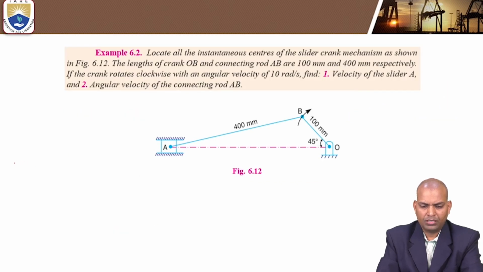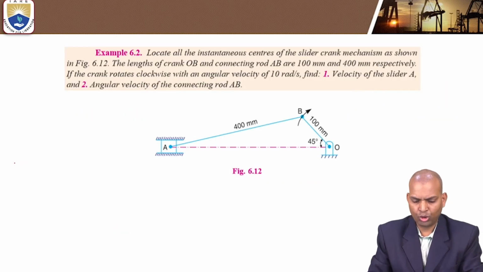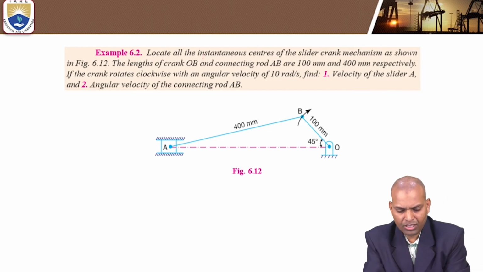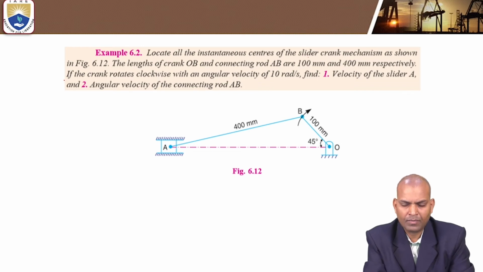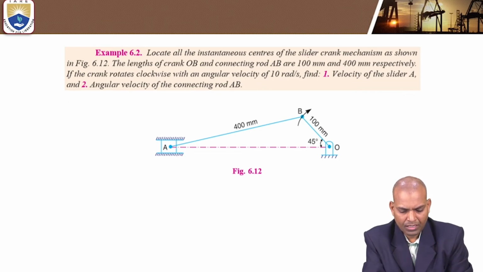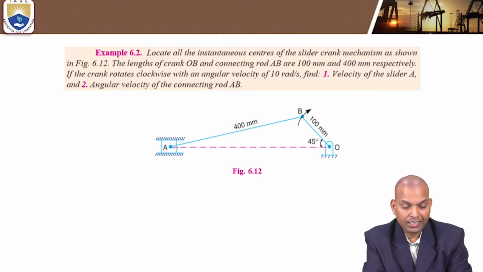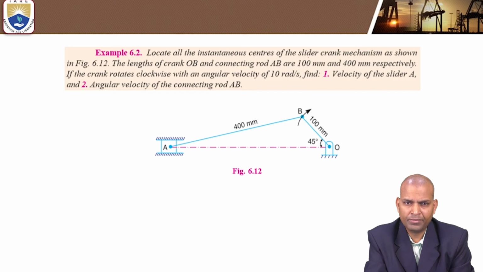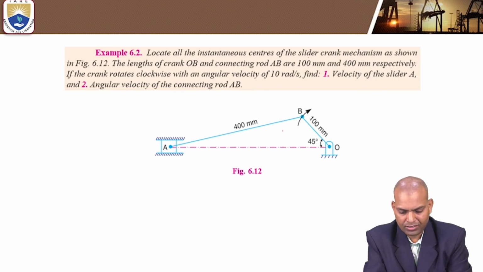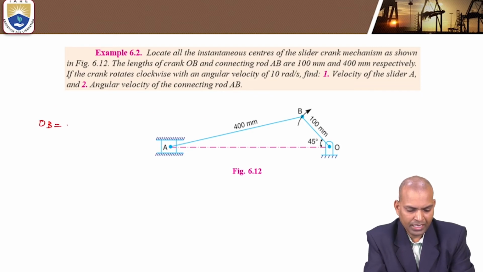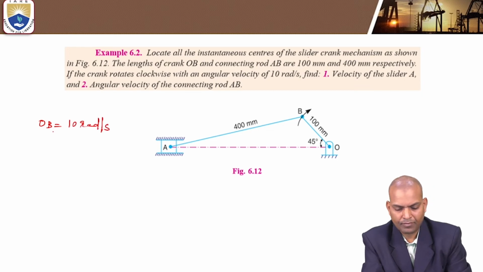Okay, next problem. Again, we have to locate all the instantaneous centers of the slider crank mechanism as shown in the figure. The length of the crank OB is 100 millimeters, and the connecting rod is 400 millimeters. The crank OB rotates clockwise with an angular velocity of 10 radians per second.